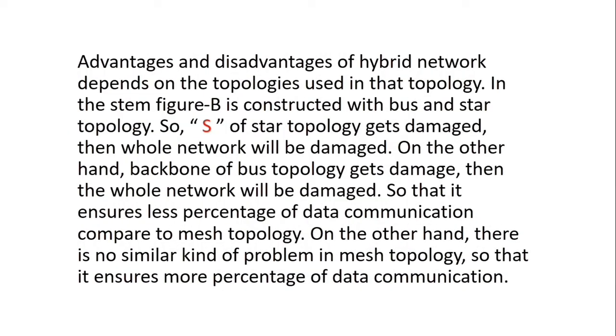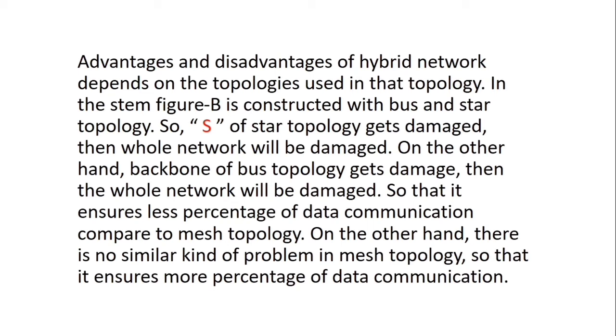So here you can see also the advantages and disadvantages of a hybrid network depend on the topologies used in that topology. Okay, so in the stem, figure B is constructed with bus and star topology. So if the star of star topology gets damaged, then the whole network will be damaged.